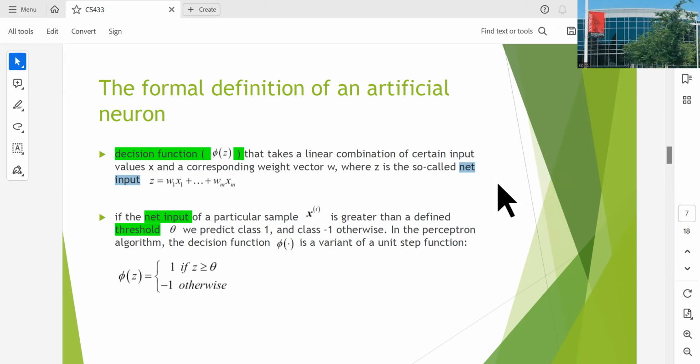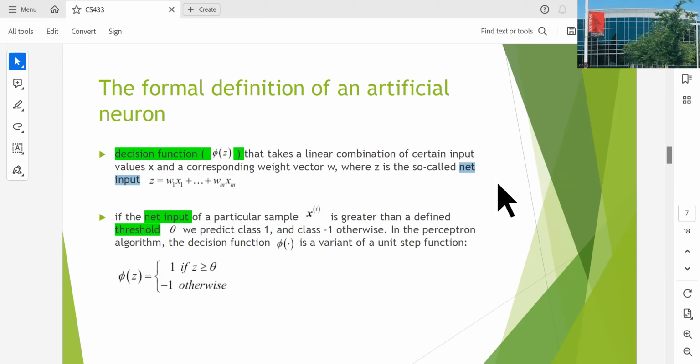For the perceptron, how it works is based on the net input of the sample. In machine learning, you can have a lot of samples. If the net input is greater than or equal to a certain threshold, you say okay.